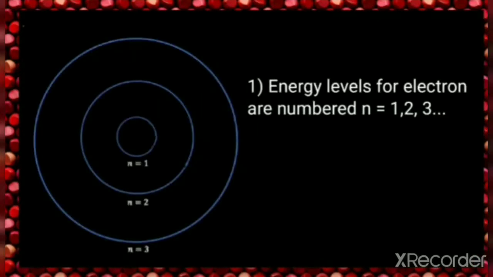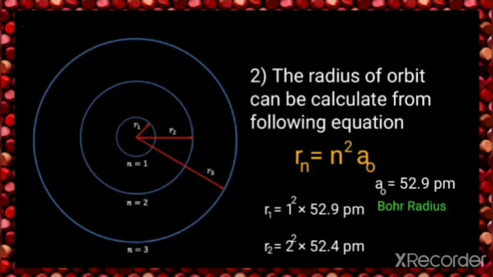According to this theory, the energy levels of the electron are numbered as 1, 2, 3 and so on. The radius of the orbit can be calculated from the following equation: Rn = n² a0, where Rn is the radius.